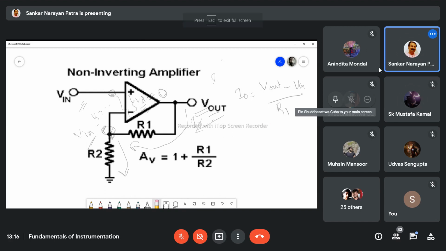So from that expression, what will you find? V out by R1 equal to V in by 1 by R1.